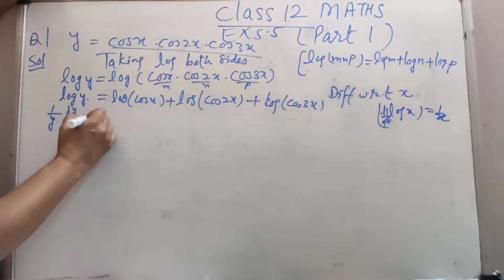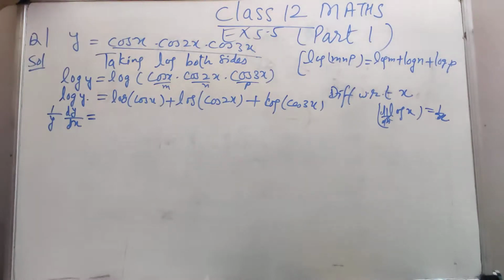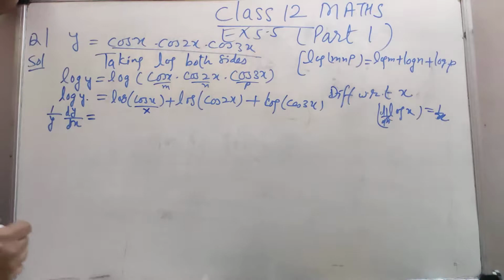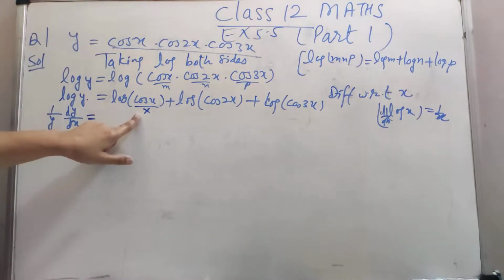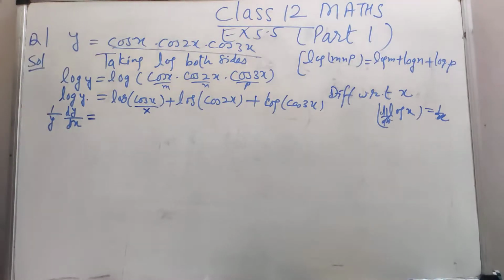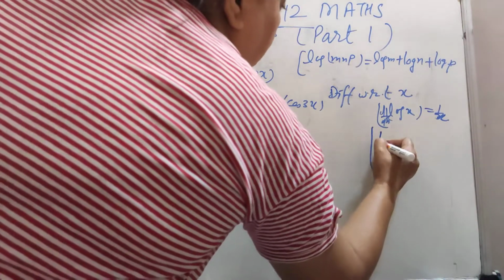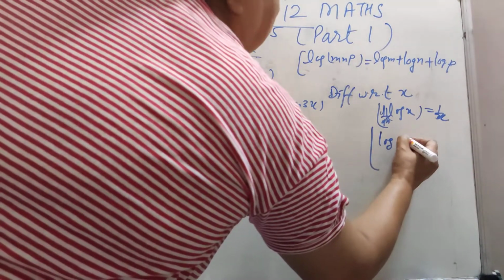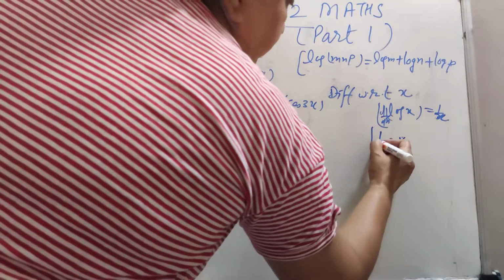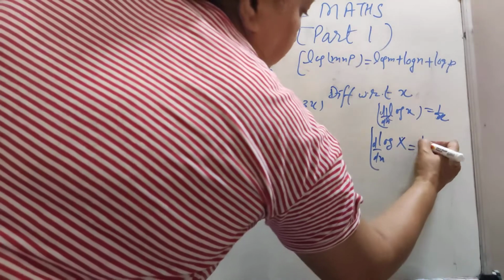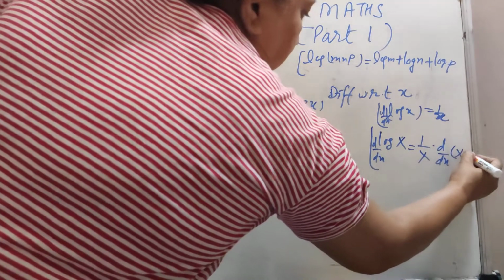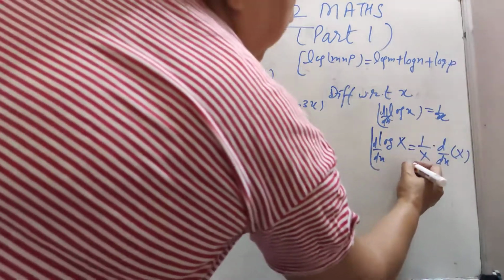Now see, on the right hand side, this will be treated as capital X. So I will do one portion, the remaining two are the same. How? The derivative of log of capital X is 1 over X into derivative of capital X. So what is capital X?